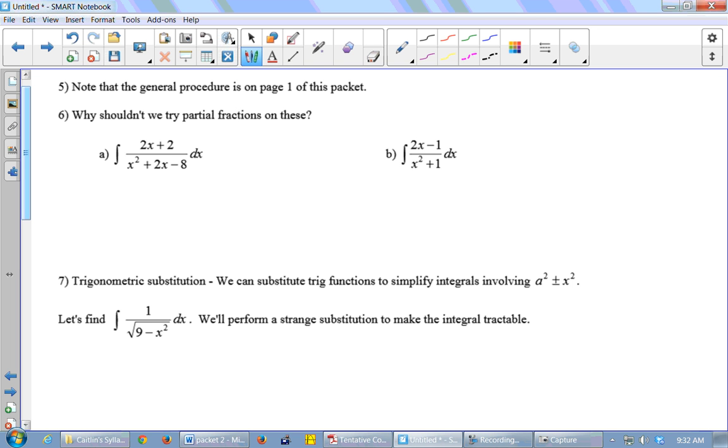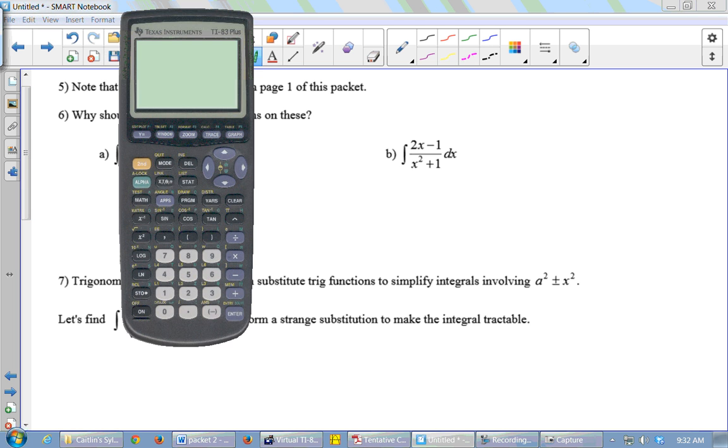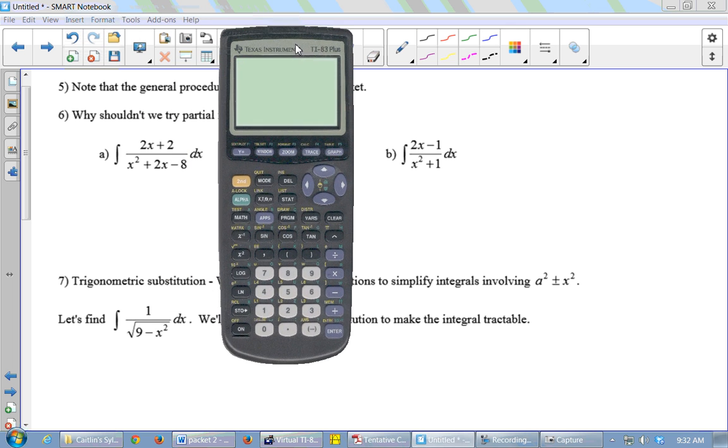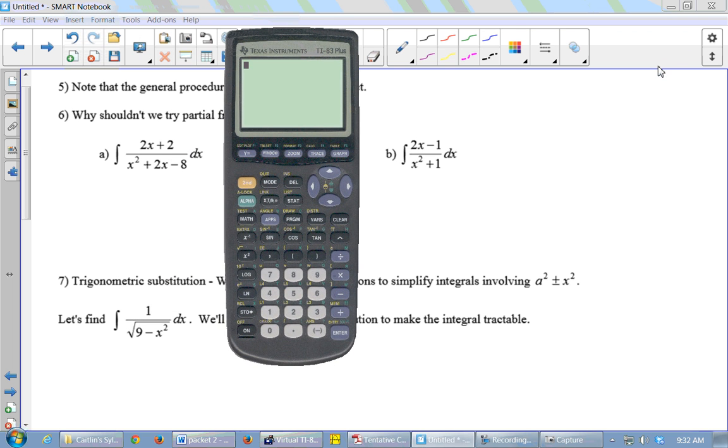You can't get these to factor. How can you tell x squared plus 2x minus 8 doesn't factor? You try to factor it and you can't? Yeah, you can do that, or you can always check b squared minus 4ac. That's the thing under the radical in the quadratic formula. If that comes out negative, you know you can't factor it because it doesn't have any real solutions. So b squared minus 4 times a times c.